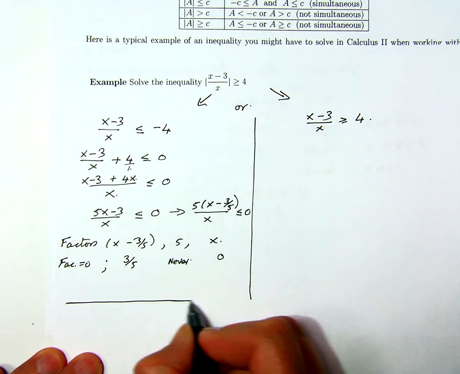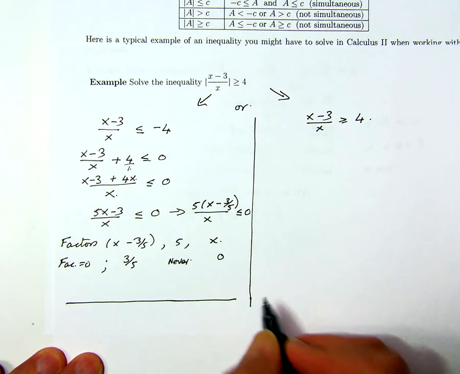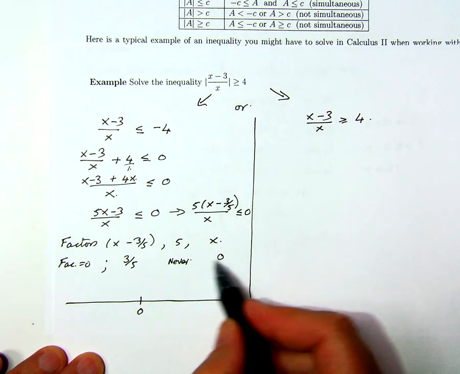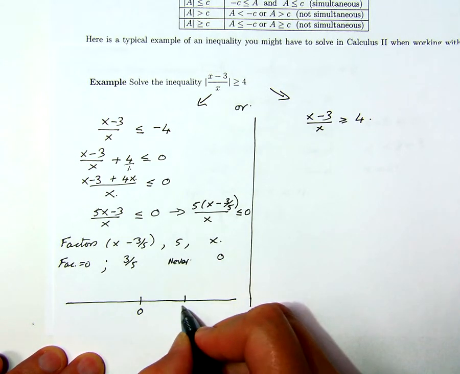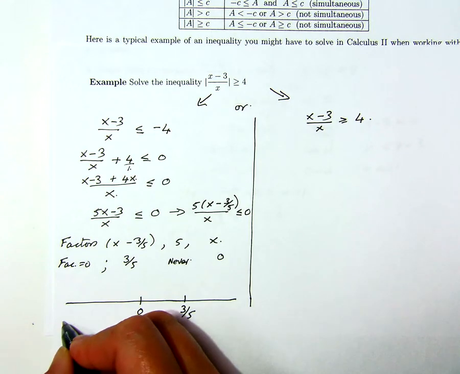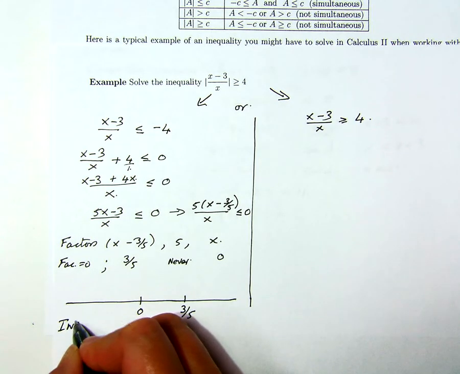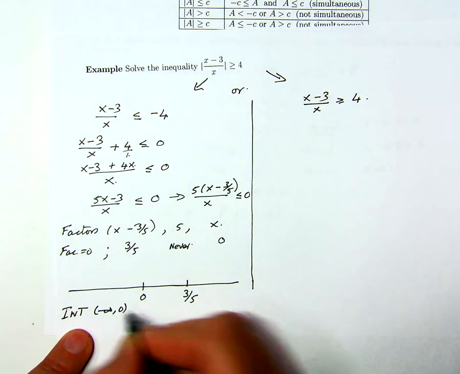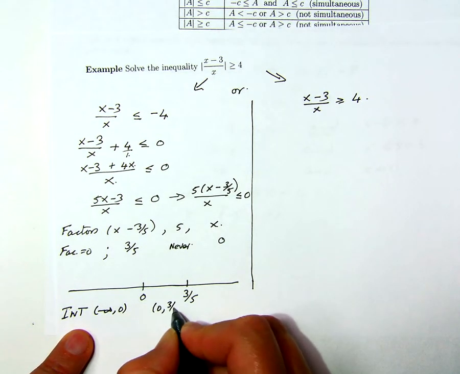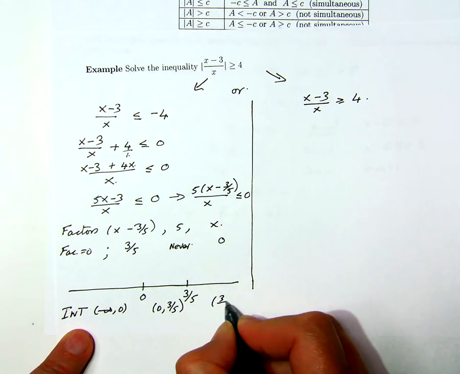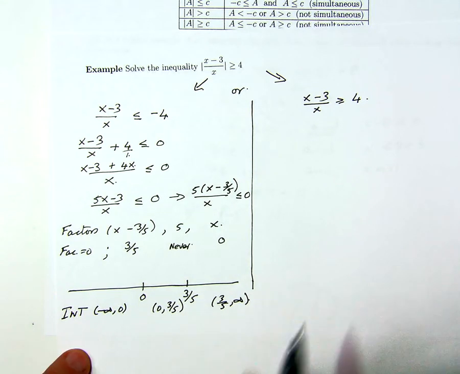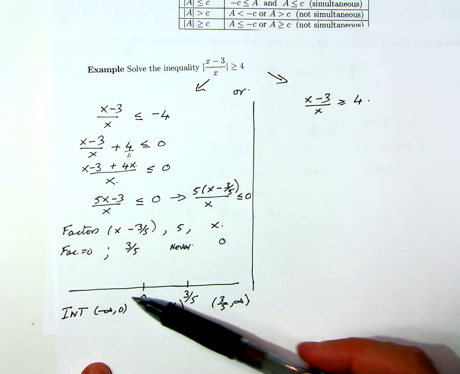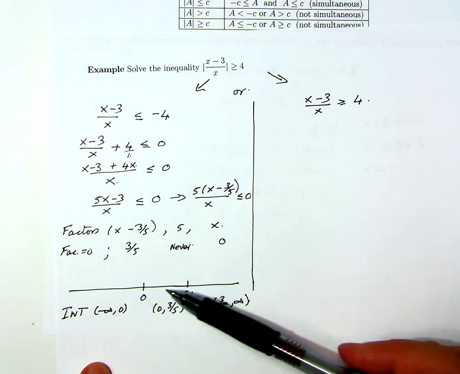This divides the real line up into a bunch of connected intervals. So the points of interest are 0 and 3 over 5. And my intervals are from minus infinity to 0, 0 to 3 over 5, and 3 over 5 to infinity. And remember that this rational function maintains the same sign on each of these intervals.